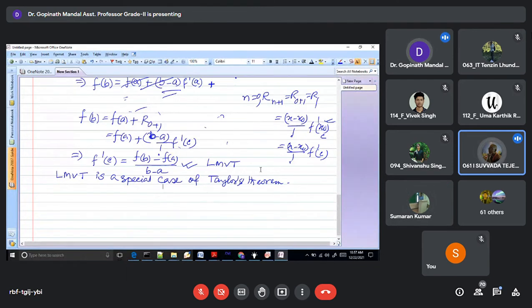If you take n equal to 0, the remainder term will be R1. So what is R1? R1 means R n plus 1.